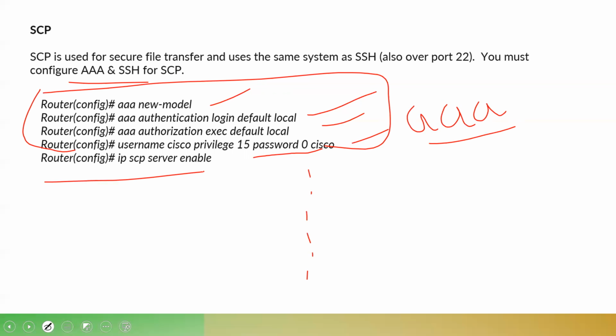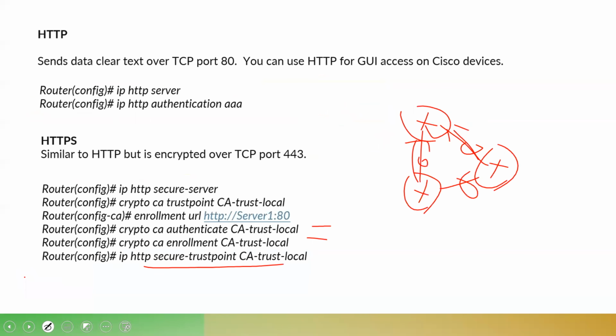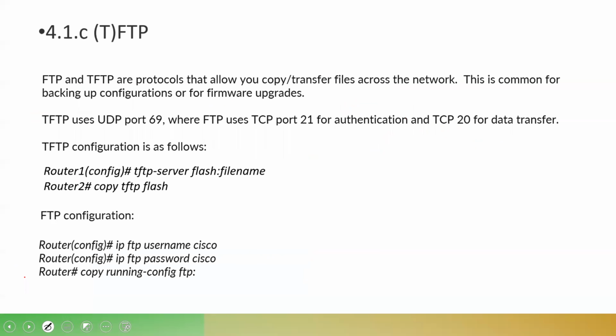Then for SCP, IP SCP server enable. So the point here is that our routers can work supporting HTTP, or HTTPS, or SCP, Secure Copy Protocol. Likewise, our router can work as a TFTP or FTP server as well, file transfer protocol.